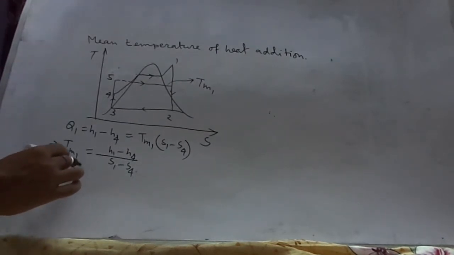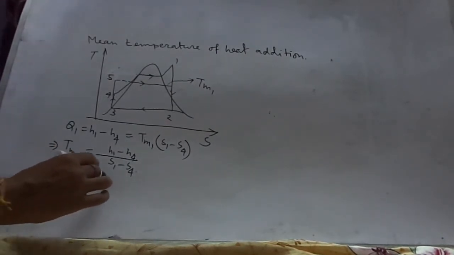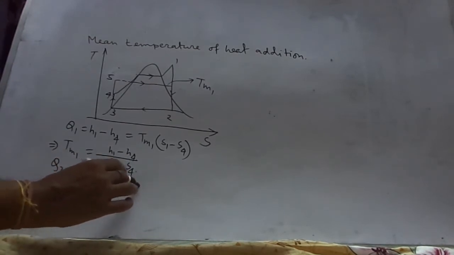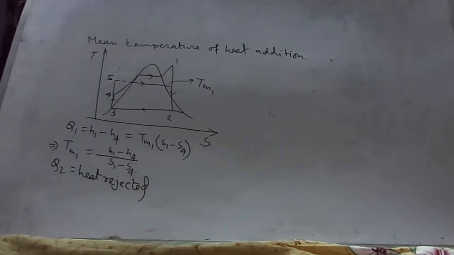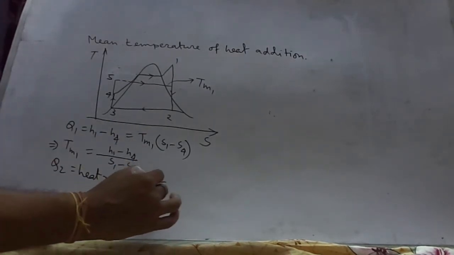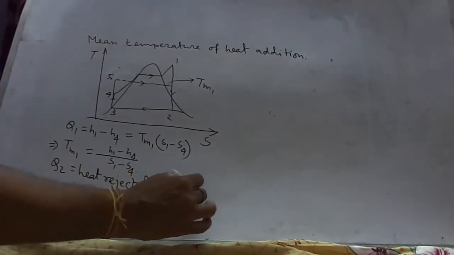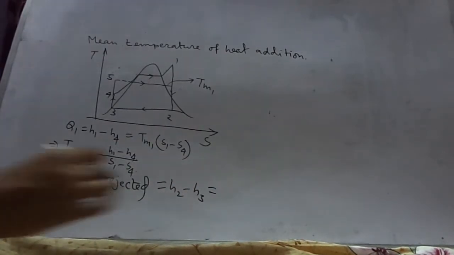Since Q2, that is the heat rejected, Q2 is equal to H2 minus H3, equal to T2 (S1 minus S4).